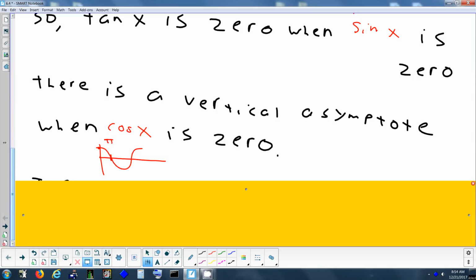So we have pi over 2. The next one is 3 pi over 2. The next one after that would be 5 pi over 2, 7 pi over 2, 9 pi over 2. So all those numbers I just named are the vertical asymptotes for tangent. Okay. And pi over 2 and 3 pi over 2 are the first two.